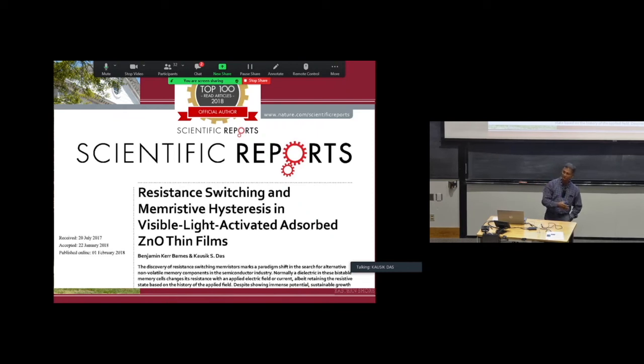If not, you say it's a bulk effect. So that was the argument at that time. But we didn't have a plasma chamber at that time in our lab. So we thought, let's create plasma in the lab.